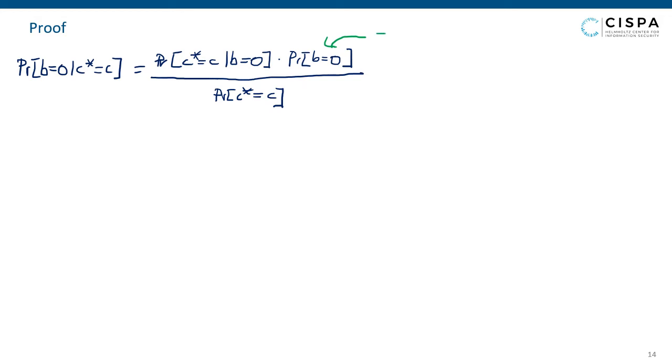So the probability that B is 0 is exactly 1/2. So it remains to compute this term and, as always, the denominator. Okay, starting with the red one.